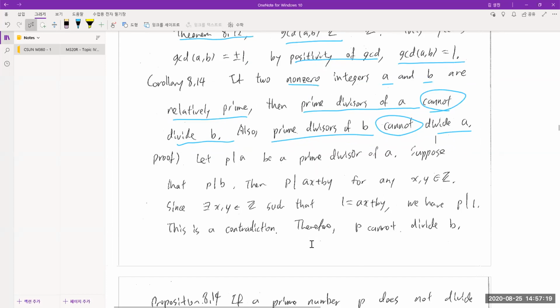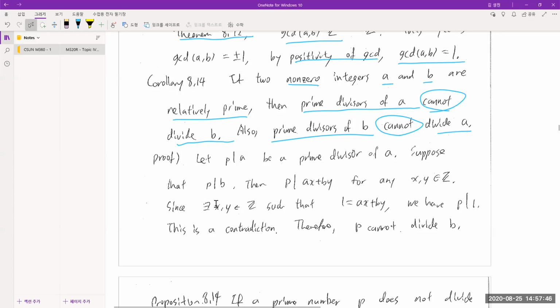Let P be a prime divisor of A, and assume that P, the same P, divides B. We're going to derive a contradiction. Then P must divide AX plus BY for any integers X and Y, because P divides A, also P divides B. So it must also divide the linear combination of A and B.